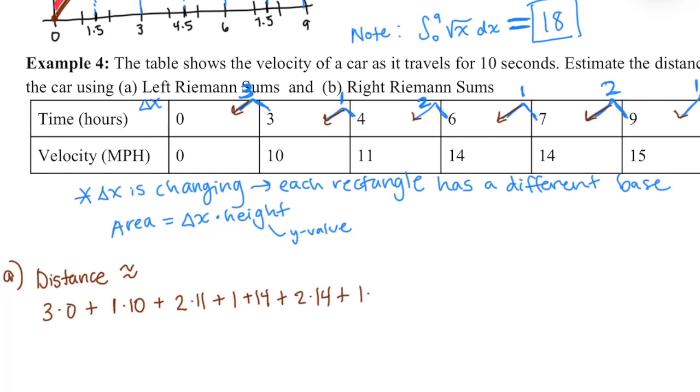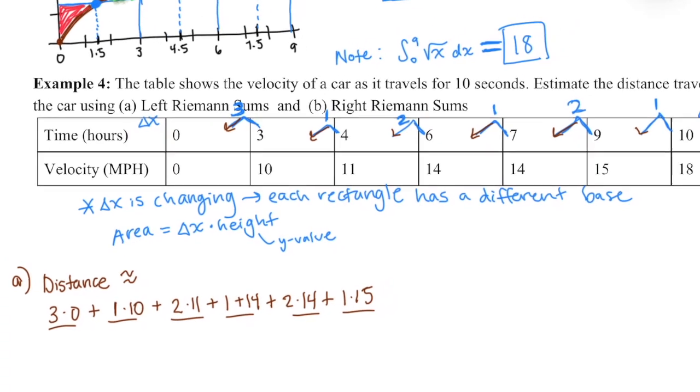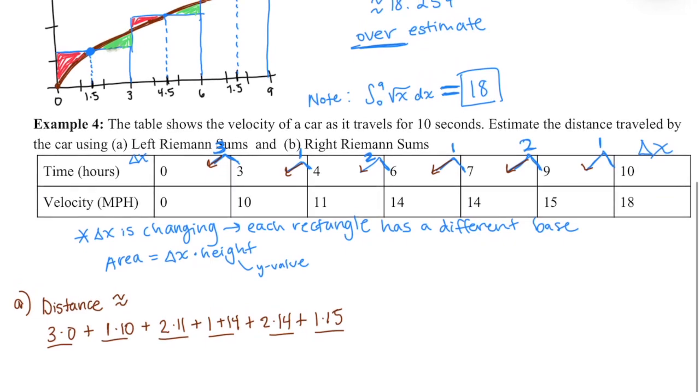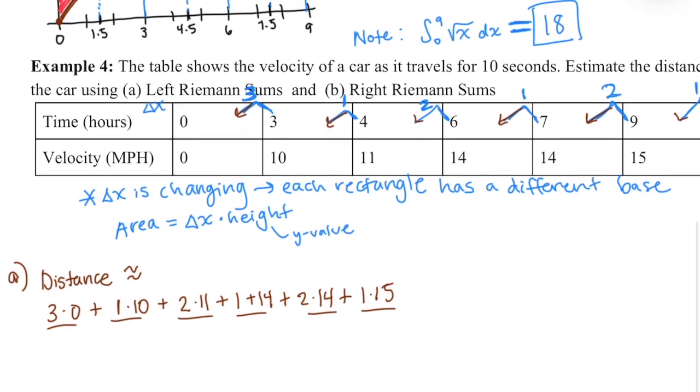I have 1, 2, 3, 4, 5, 6 rectangles made out of these 7 possible times. So there's going to be 7 time values, but since I'm only choosing the ones on the left, the last time gets ignored. And so what this ends up being is 89 miles.